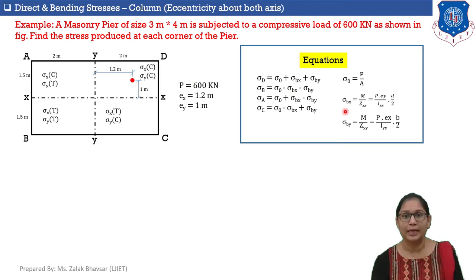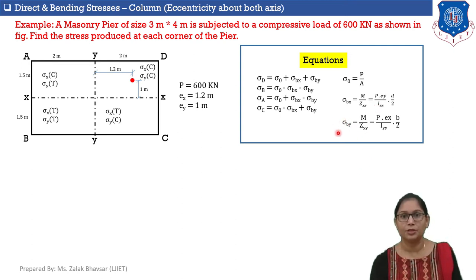Now, sigma Bx is bending stresses developed in xx direction due to vertical eccentricity Ey. And equation to calculate sigma Bx is M upon Zxx, okay, where M is moment and moment is equal to P into Ey and Zxx is equal to Ixx upon d by 2.